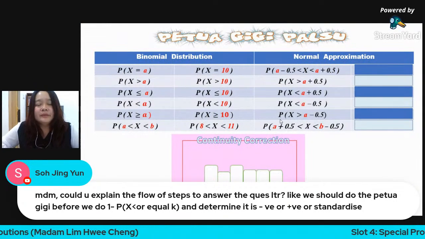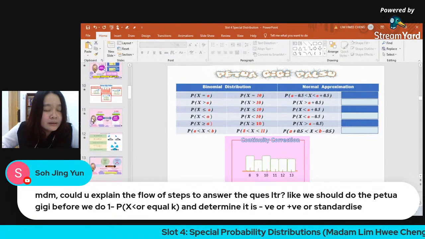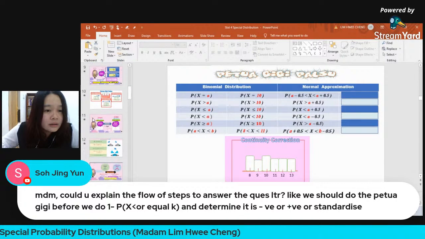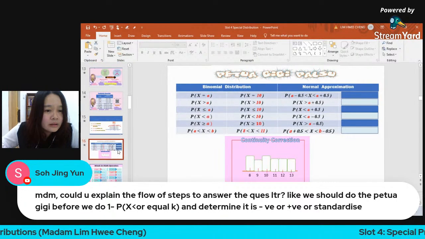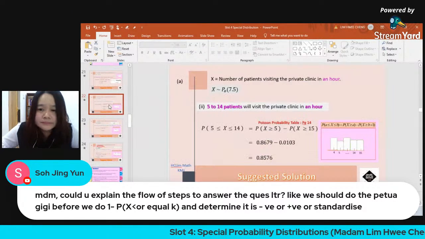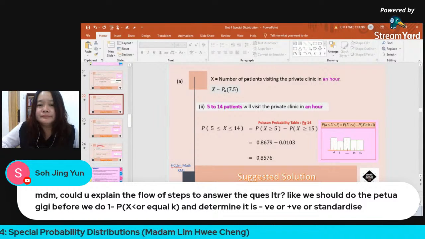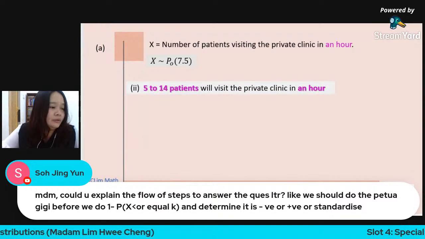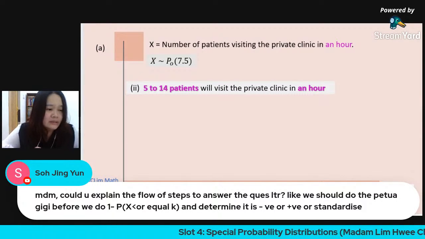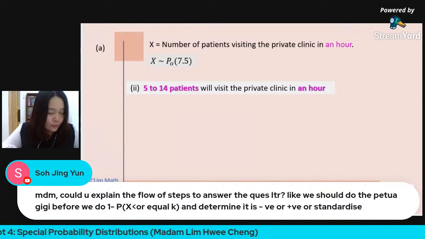This is a correction, not the usual petua. I think you mean like this, right? The petua gigi palsu, we have two kinds. One is what we use for discrete variables, and the other one is what we use for the correction of continuity.